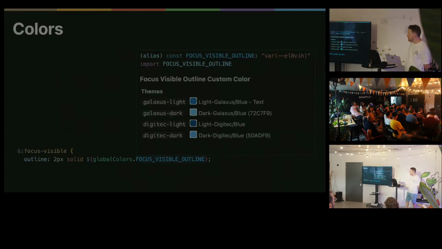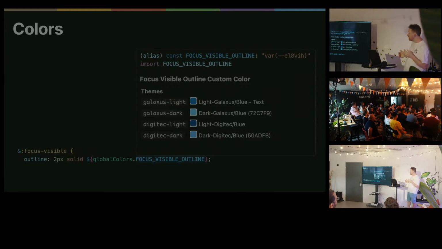Another thing which came in really, really nice were colors. So I don't know if you know, but Galaxus and Digitec comes in dark and light mode. And that comes with some complexity. As you can see, those colors look almost the same. Even these two colors are different because some designer decided they wanted to be slightly different.